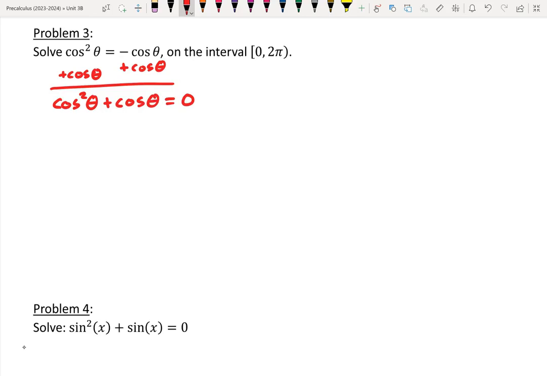What's in common, guys? Say it again. Cosine. So factor out the cosine of theta. And what do we have left if we do that? Cosine of theta plus 1 equals 0.